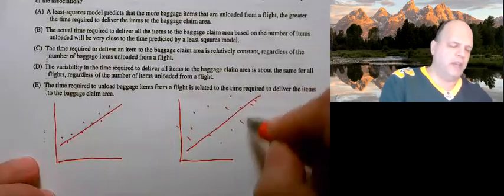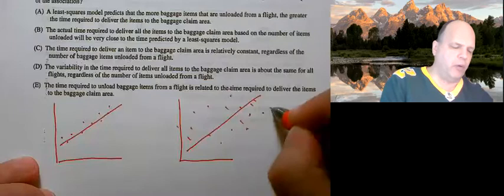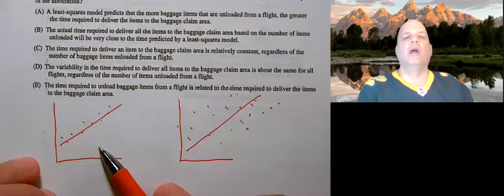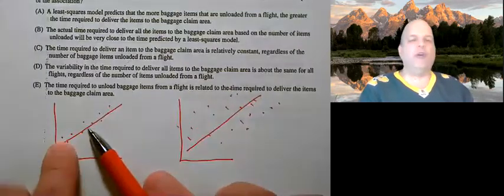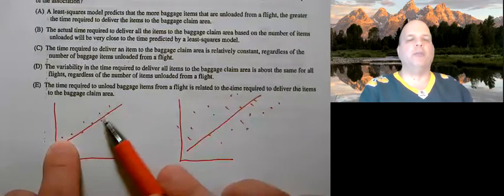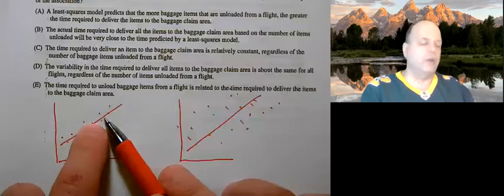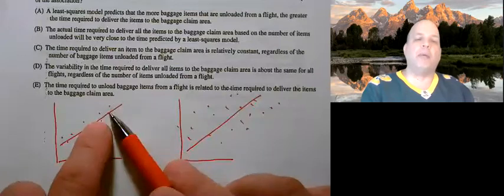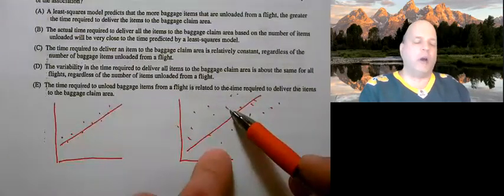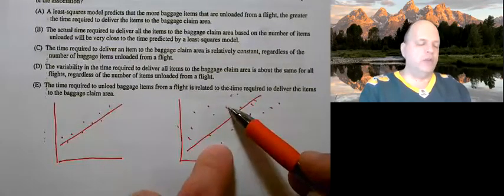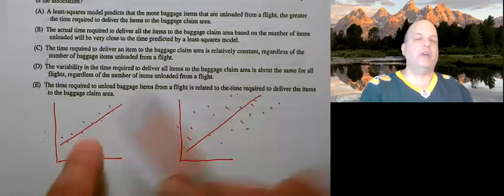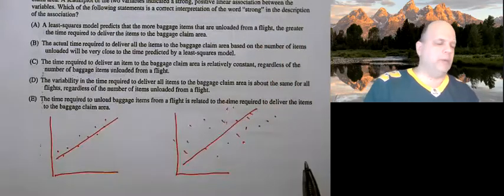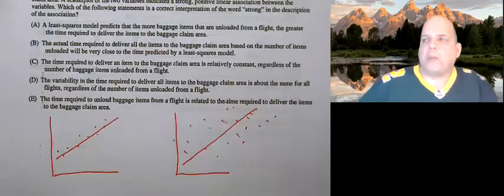We definitely have an upward slope, but it's definitely weaker than this one. So consequently, I feel pretty good about making a prediction on this because I have small residuals, and I'm going to have a high correlation. So this will have a strong positive correlation. This will have a weak correlation. This has large residuals. This has small residuals. All right, so let's continue on with this problem and look at our answer choices.